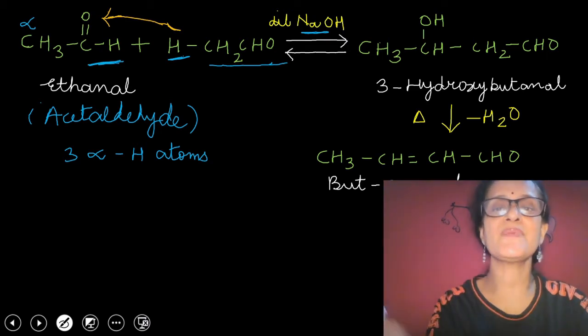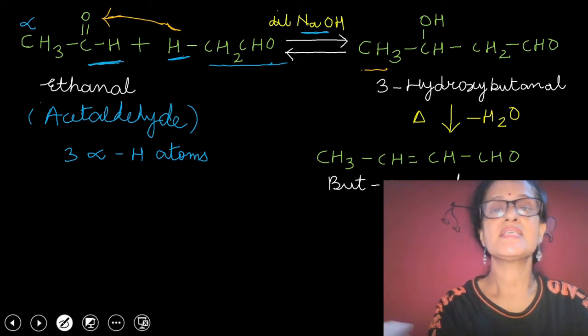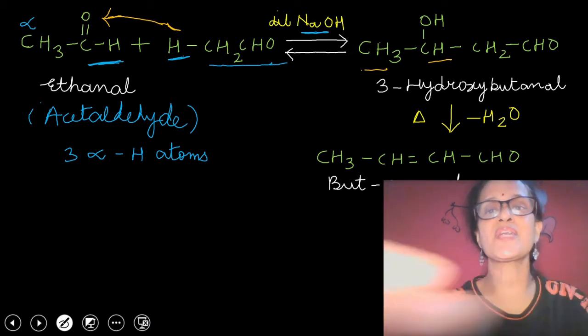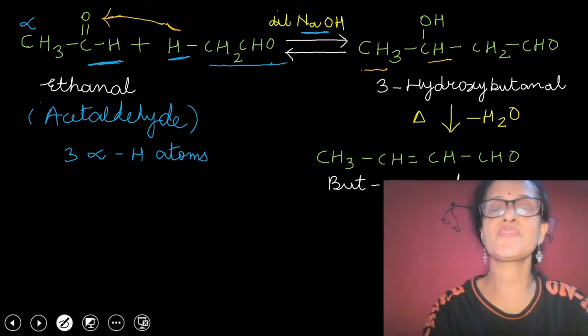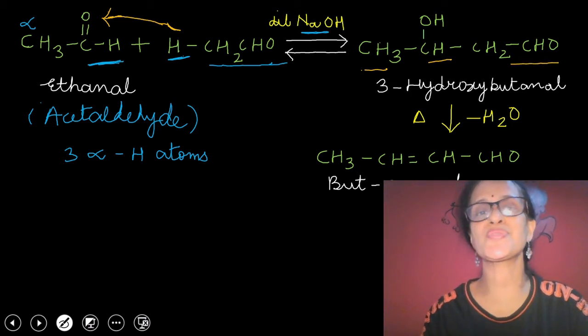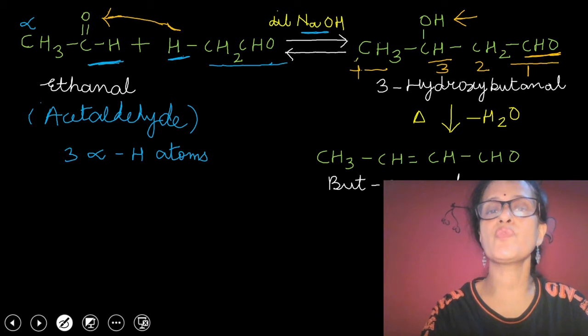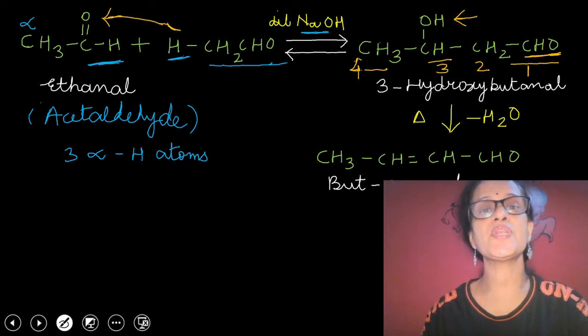So you can see here the product formed is CH3, then CH, and on the carbonyl oxygen atom H was attached, so the product is CH3CHOH. The rest of the atoms I am writing as it is: CH3CHOHCH2CHO. The name of the compound will be 3-hydroxybutanal. On further heating, it converts into an alpha beta unsaturated aldehyde.